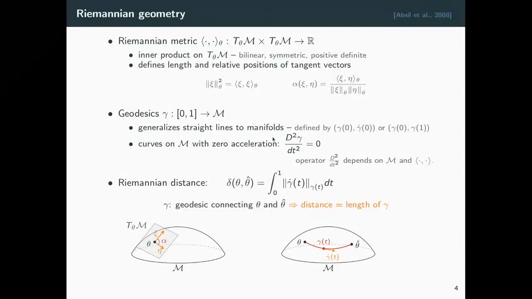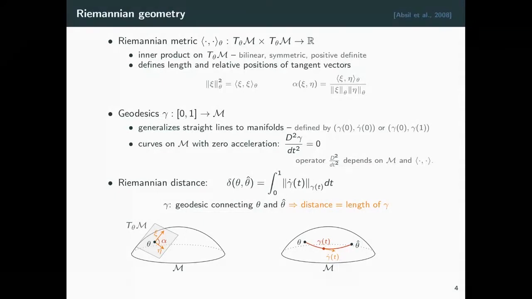This operator here is very specific to the manifold and depends on the Riemannian metric. From there we can simply define the Riemannian distance by measuring the length of the geodesics according to our chosen Riemannian metric as well. So the choice of the metric is really central here.